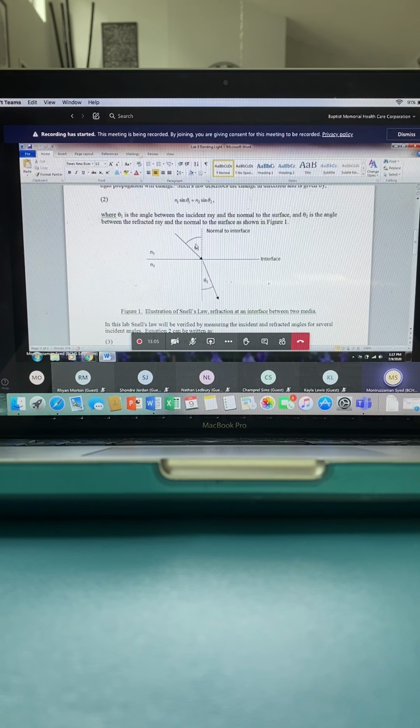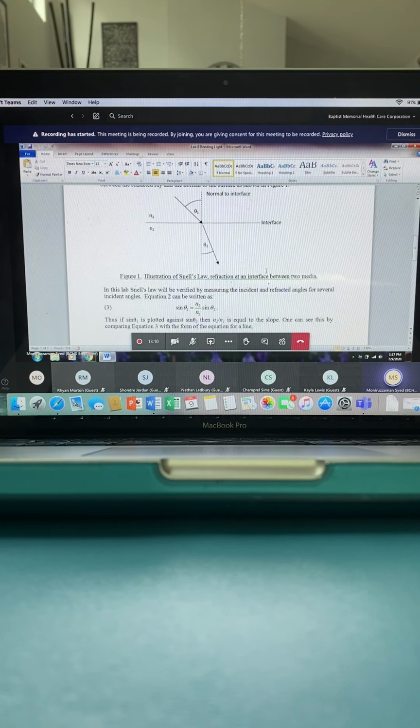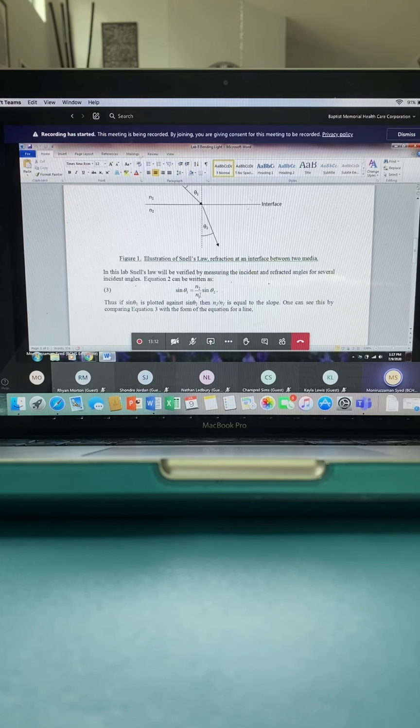So when you have theta 1 and theta 2, using Snell's law we can write it this way: sine theta 1 is equal to N2 divided by N1 times sine theta 2. This is the formula we can write very easily. Equation number 3.